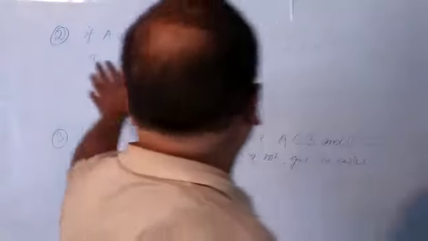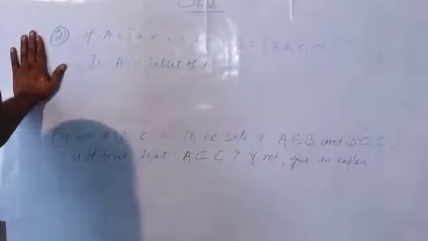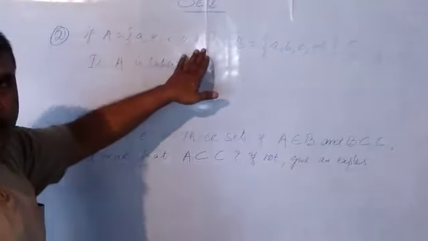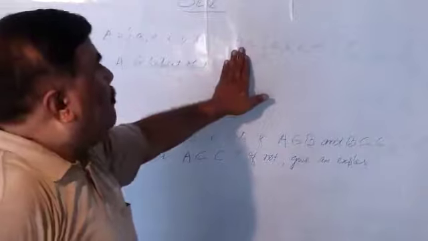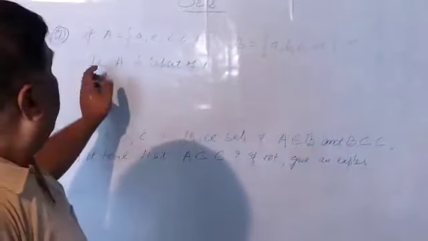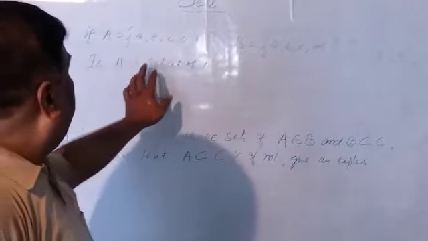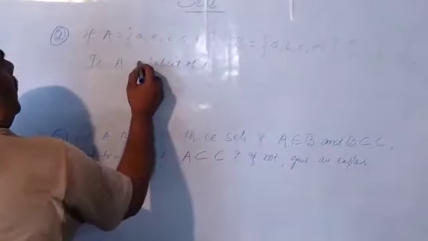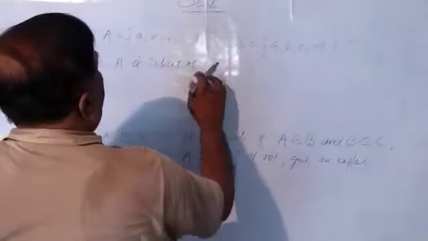Now there are two questions in question number two. If A equals {a, e, i, o, u}, the collection of vowels, and B equals {a, b, c, d}, is A a subset of B?